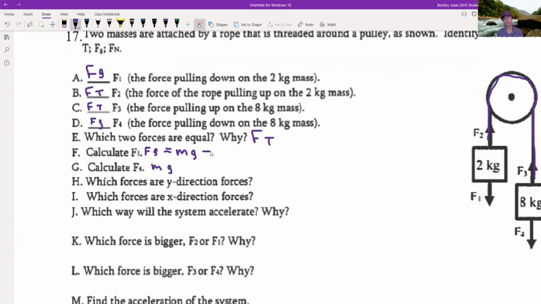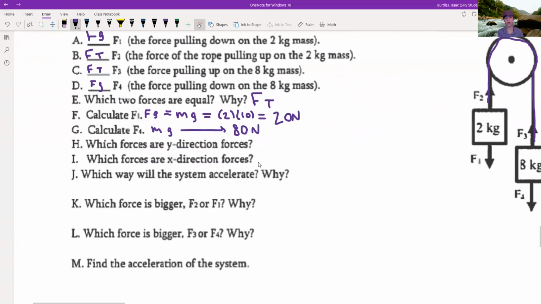And the mass, what is the mass? 2 kilograms for that one. And what is the gravity? 10, and we make it positive because this is dynamics. And so the answer is 20 newtons. And then we follow the same process for that one. You would do 8 times 10, which is 80 newtons.